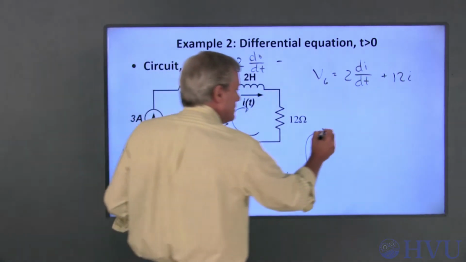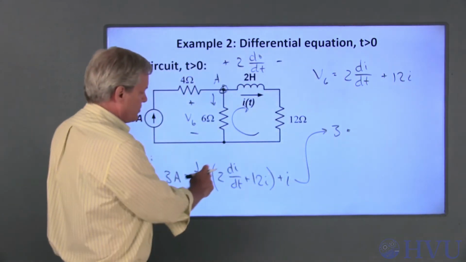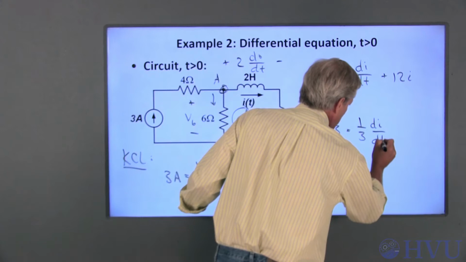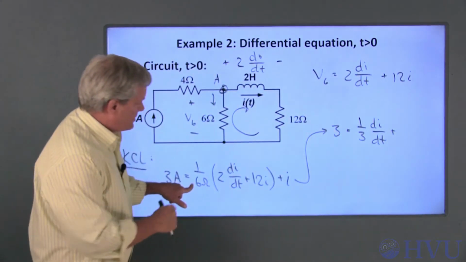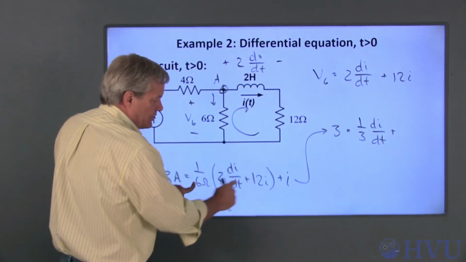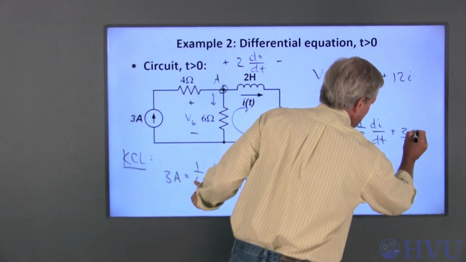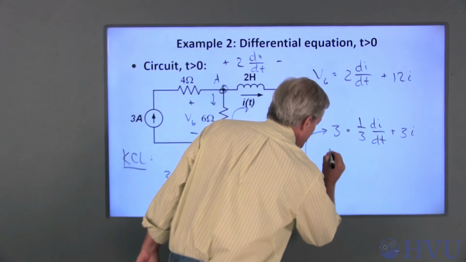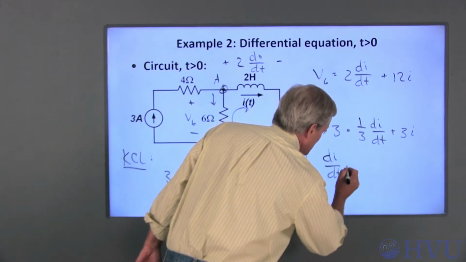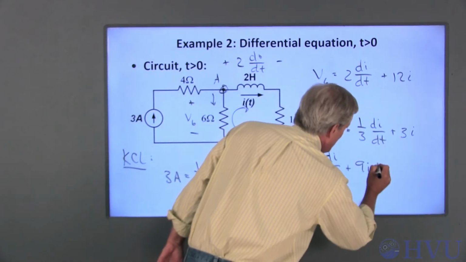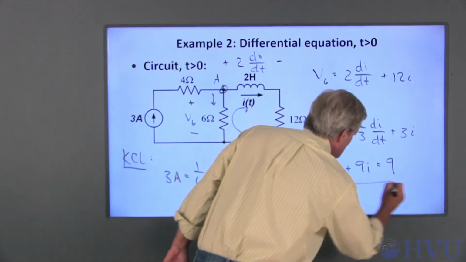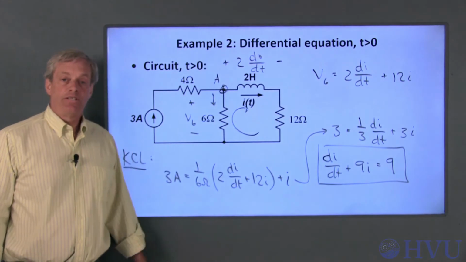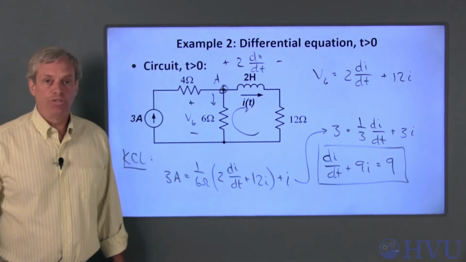So 3 is equal to 2 over 6, which is 1/3 di by dt, plus 12 over 6 is 2, plus 1 is 3I. Putting this in standard form, I multiply through by 3 so that di by dt plus 9I is equal to 9 amps. Let's use this differential equation to check our time constant and our steady state response from our previous solution.